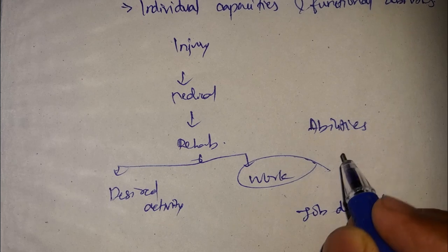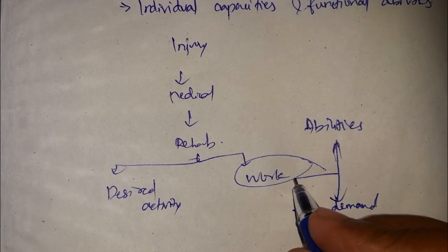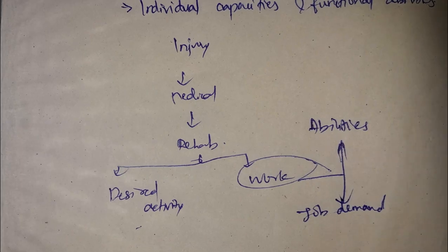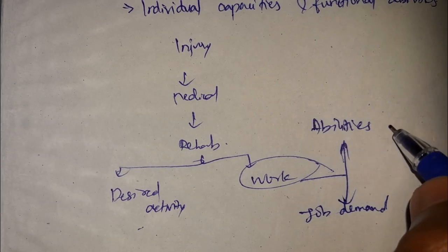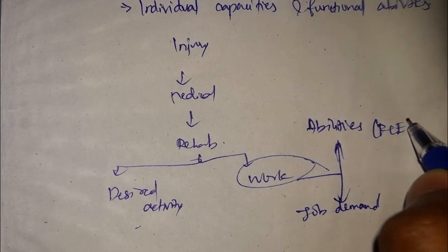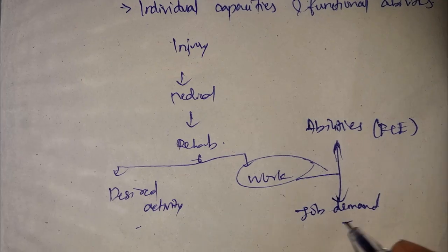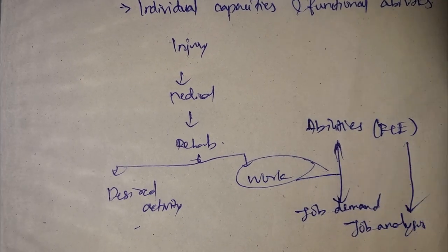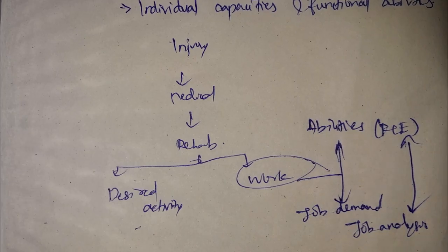If these two are matched, then only the person can perform the work. So we analyze the FCE as well as the job analysis, and if these two are matched, then the person can perform the work.